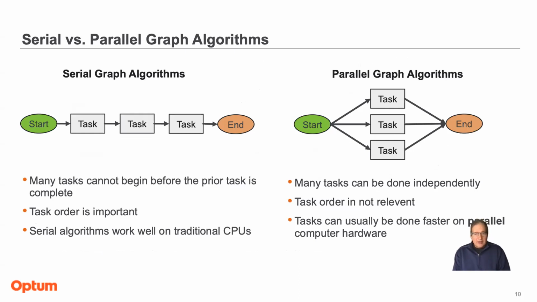At the heart of this is understanding that when we do graph queries and we have a query that's going out to all of these nodes in a cluster, there are some tasks that we have to do sequentially. But in most population level graph queries, that analysis can be done in parallel.